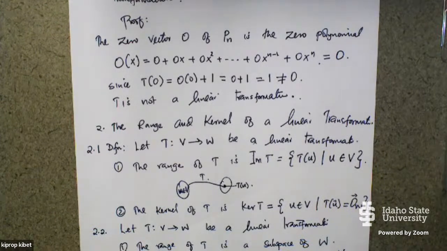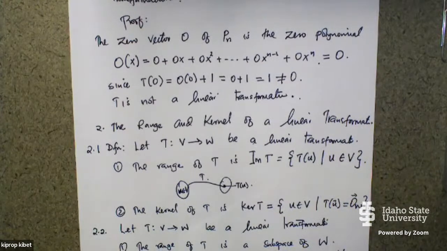So you go and look at the textbook. The range of T is the image of T, which is in W, and the kernel is in V. So here you use the subspace test.